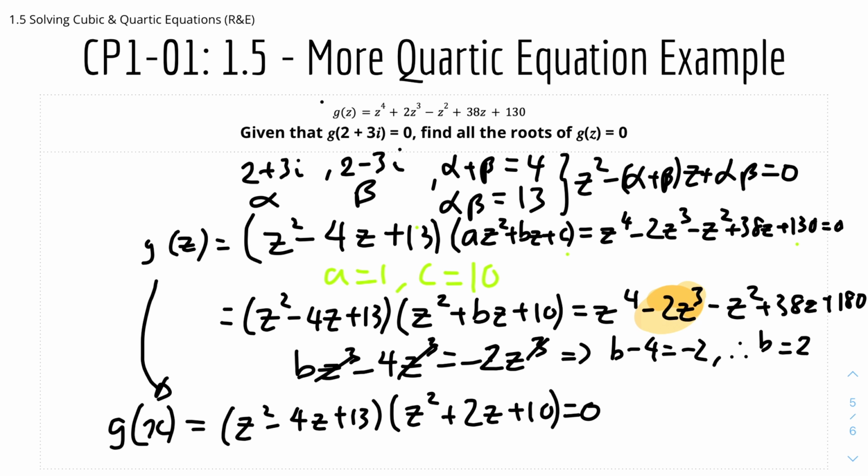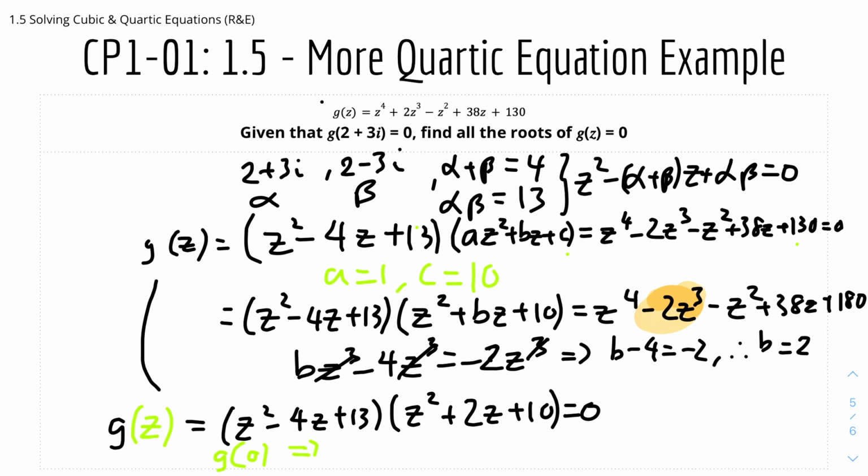We can just solve for z straight away. So this should be g of z, not g of x, because we have z as a variable. So we can just solve this by doing g of z equals 0, right? And I'm just going to use my calculator to cheat because I'm lazy. So I'll just solve those two equations.